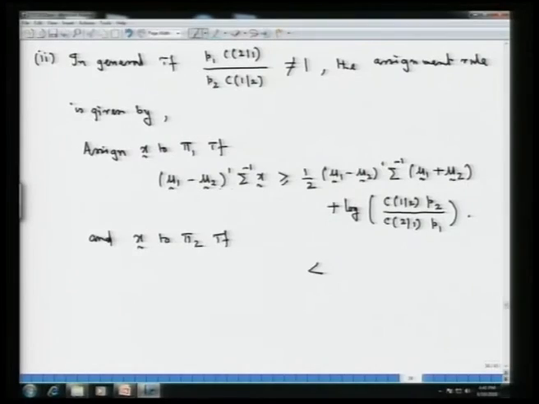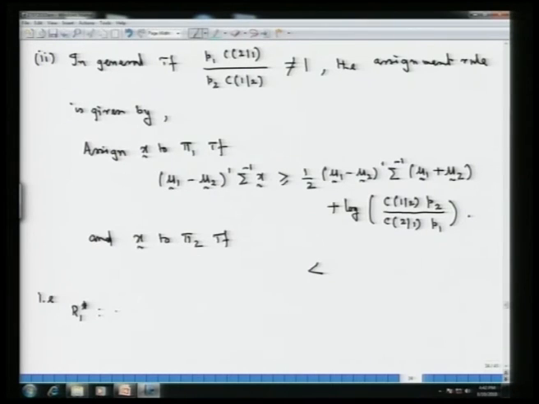So, if we have got the partition, the assignment rule is that x goes to pi 1 if (mu 1 minus mu 2) prime sigma inverse x is greater than or equal to the right hand side here, and x goes to pi 2 if the left hand side is less than the right hand side here. That is the partition that we get for a general setup wherein this ratio is not equal to 1, that is R1 star region, which is different from the region R1 that we had got earlier.